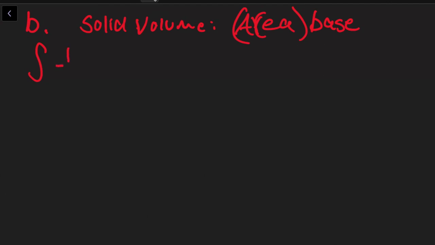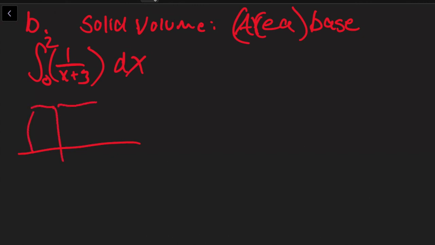The base is just a change in x, because if we look at this like it was standing up, so pretend this is the flat view, the area of the squares perpendicular to the base would be A equals 1 over x plus 3.